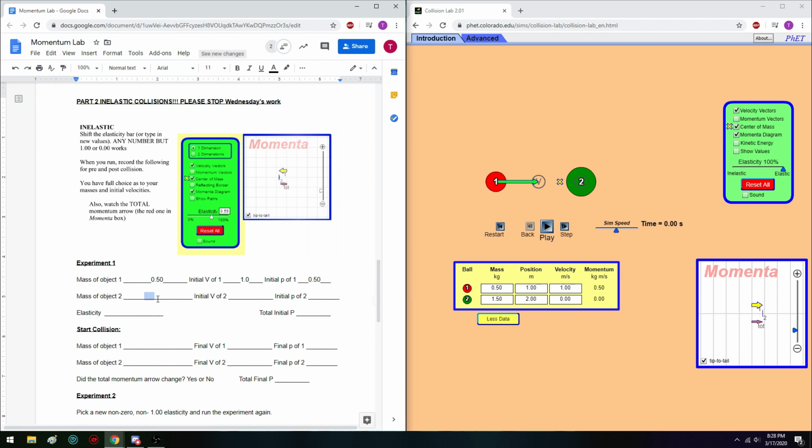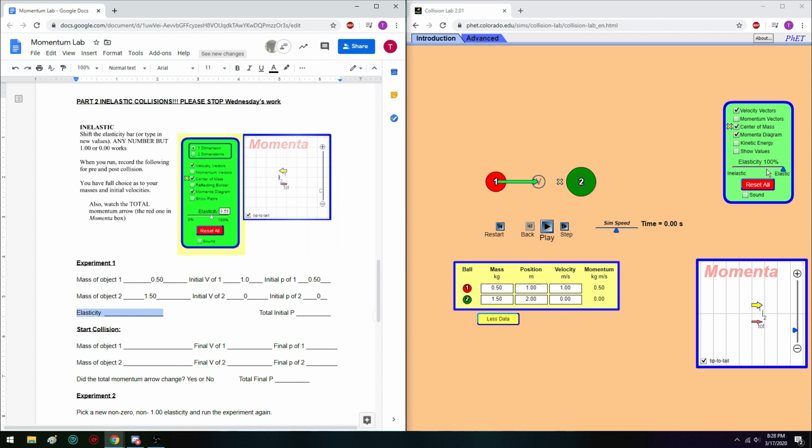Mass 2, we are going to have what we see for the green ball up here. So we have 1.50 as the mass. We have an initial velocity of 0 and a momentum of, as you see, 0. So the elasticity part here, we're going to be looking right up at this number right here.